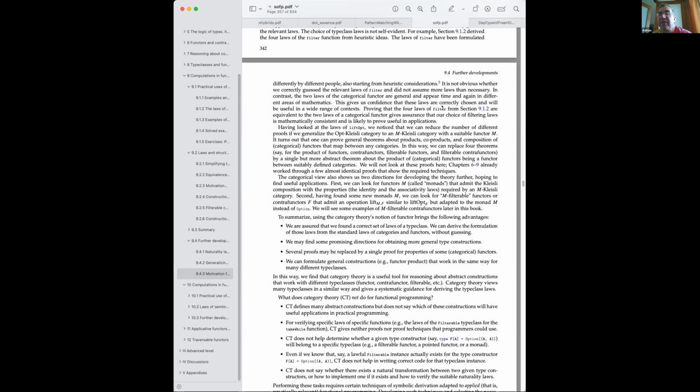That's how you do filterable on a stream, for example, because if you have an infinite structure, you can't preemptively remove all of the stuff that you would remove. You have to do it lazily.